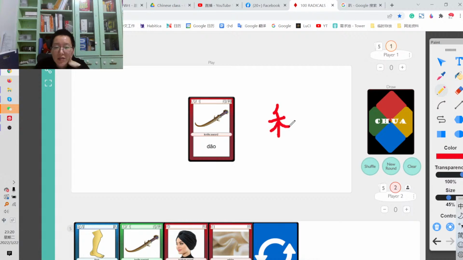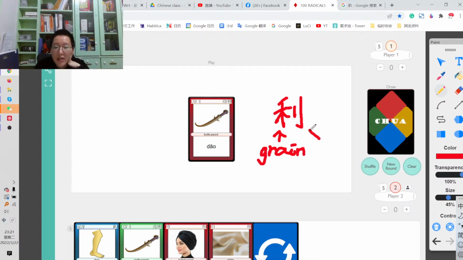Okay, and the second form is like this. Oh, sorry, too far. When you write two or three components of a character, you cannot write them too far apart. Otherwise, it looks like two characters rather than one. So this part is green, like the rice in the farm.